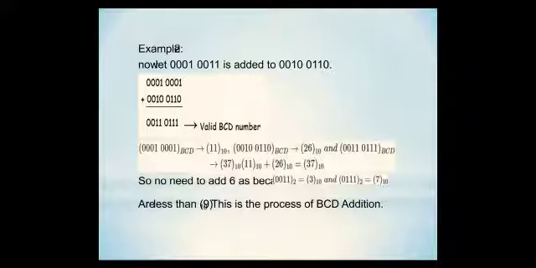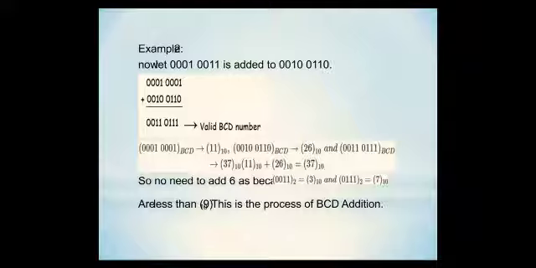See here, the binary equivalent of 11 is 0001 and 0001 in BCD form, and 26 is 0010 and 0110 in BCD form, and also the same as 37, whose binary equivalent is 0011 and 0111 in BCD form.